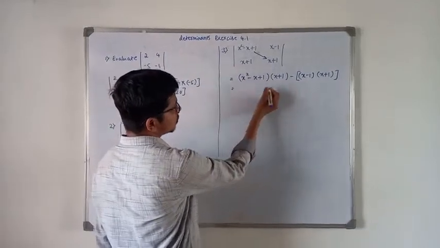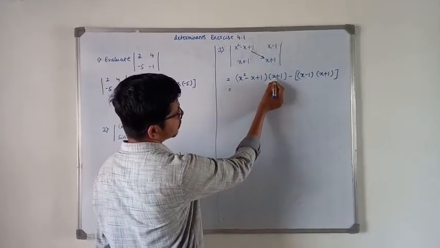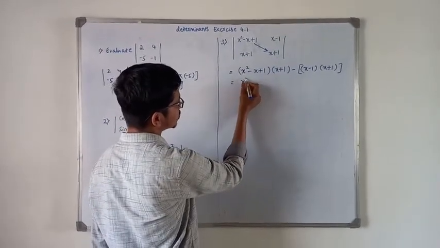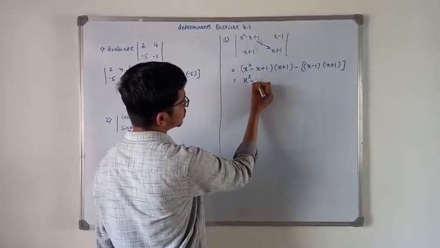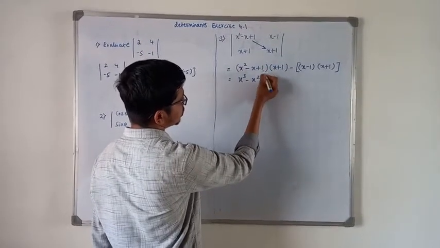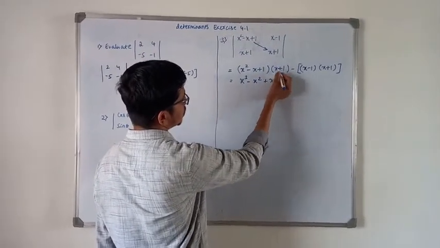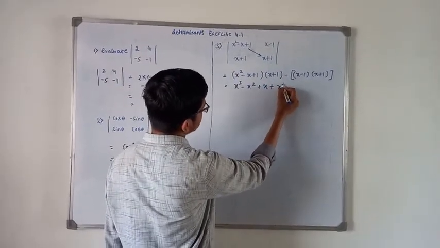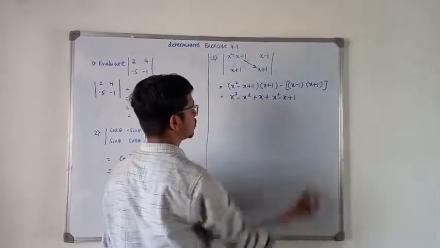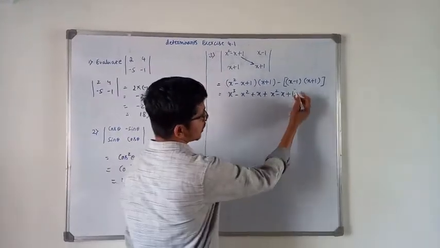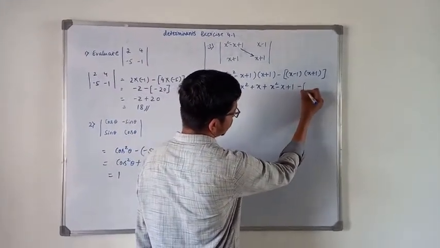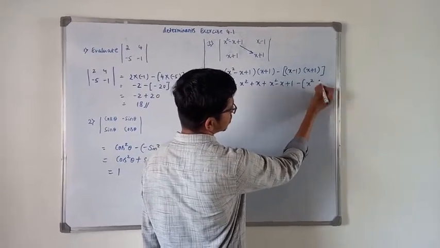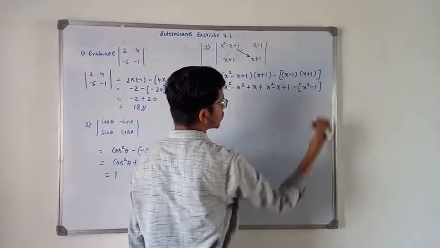That is equal to, first I will multiply by x into this term, that is x into x square is x cube, x into minus x is minus x square, x into plus 1 is plus x, and anything multiplied by 1 is itself, that is plus x square minus x plus 1. Here the minus sign of a plus b into a minus b form is equal to x square minus 1.